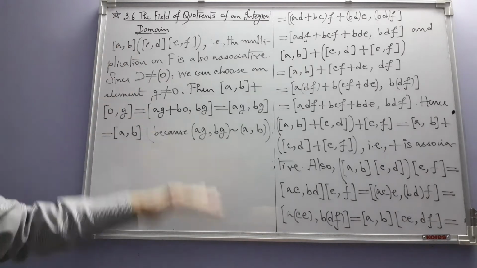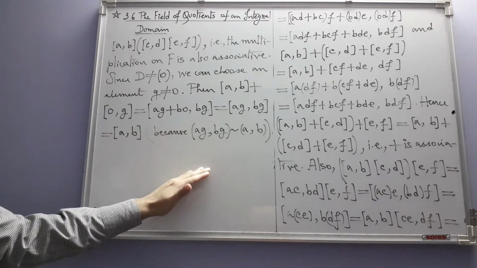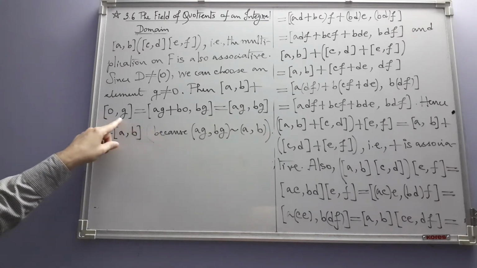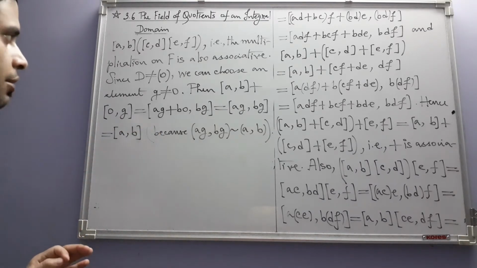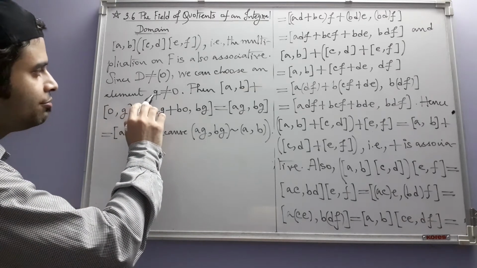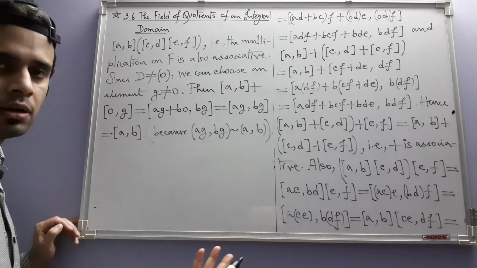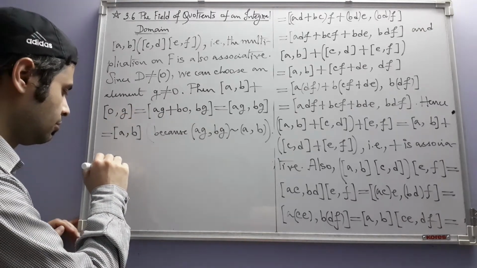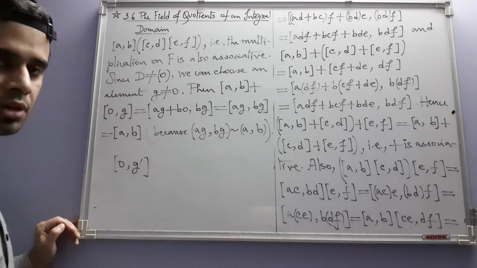Once we prove that the system is a field, in fact once we prove that the system is a group with respect to addition, the additive identity will automatically be unique. Why I am talking about uniqueness is that you may have one question in mind. If you choose some other element g prime instead of g, will you possibly get a different additive identity?